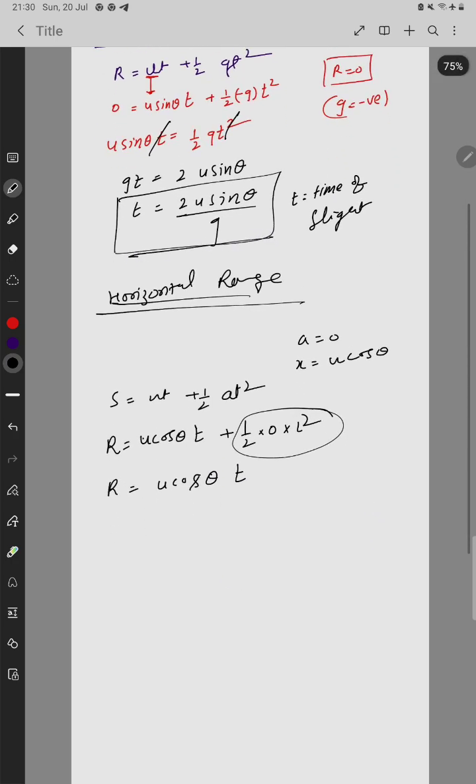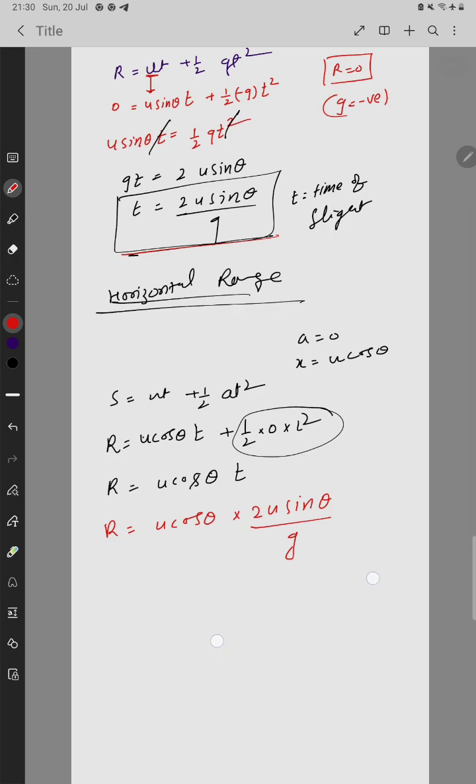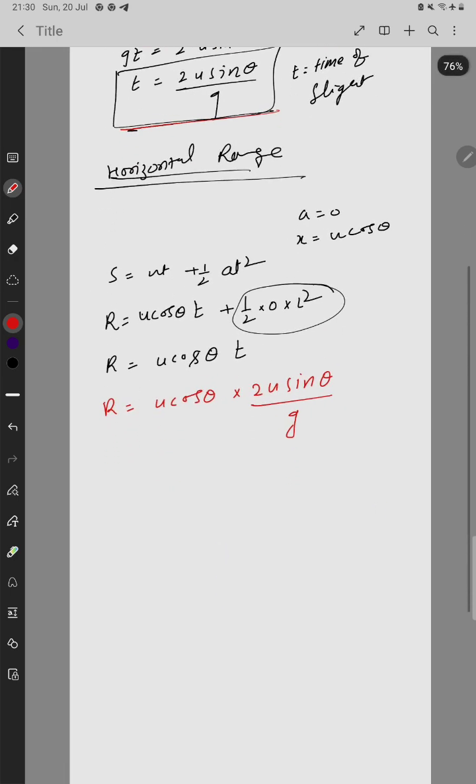You have found the t value here, student. So r is equal to u cos theta, and the t value is 2u sin theta by g. Now students, what you can do here is simplify.